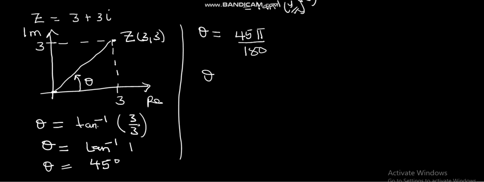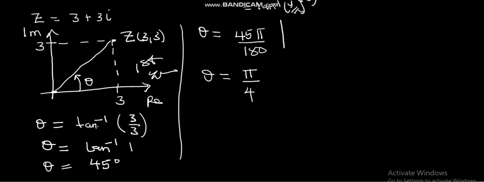So theta is equal to pi out of 4. Now we should note that this complex number of ours is in what? First quadrant. First quadrant is where our complex number lies.